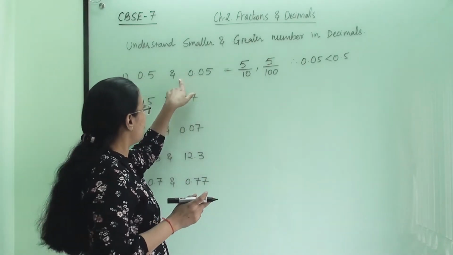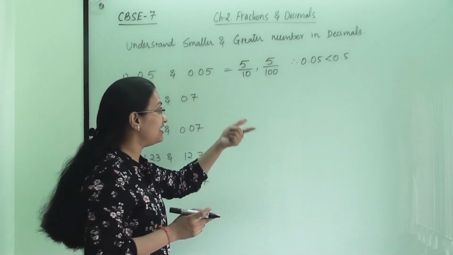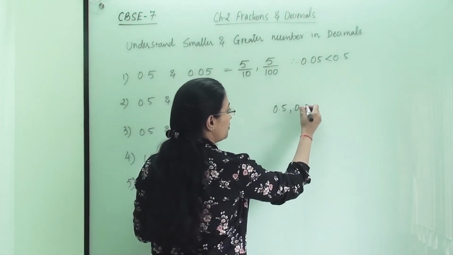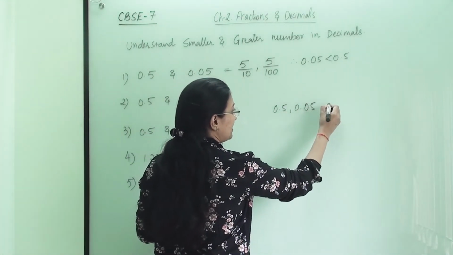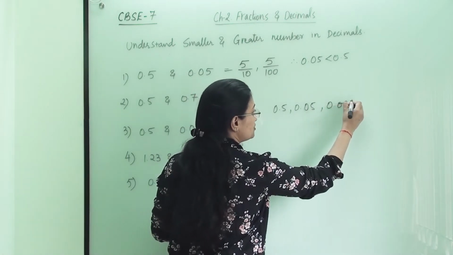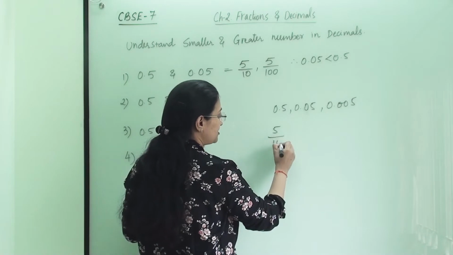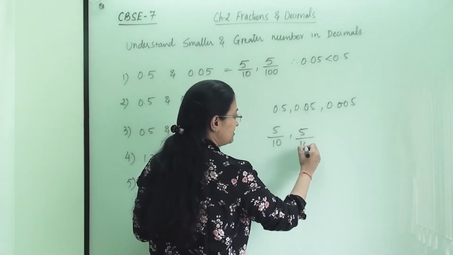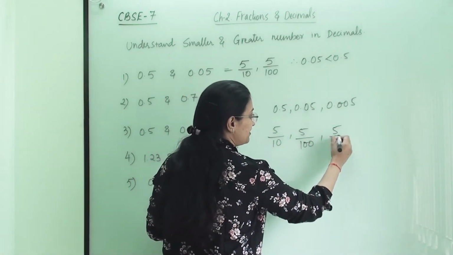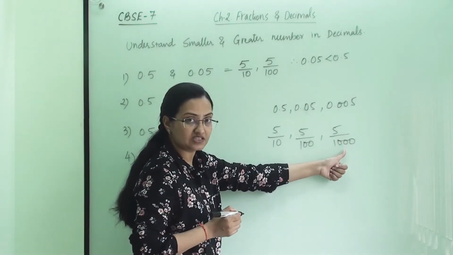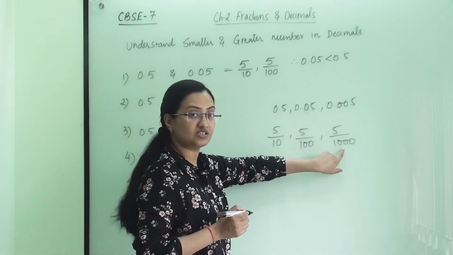Now with these two numbers, if I add one more number, 0.005, and convert all the numbers into fractions, we get 5 divided by 10, 5 divided by 100 and 5 divided by 1000. This number will be the smallest because its denominator is the largest.